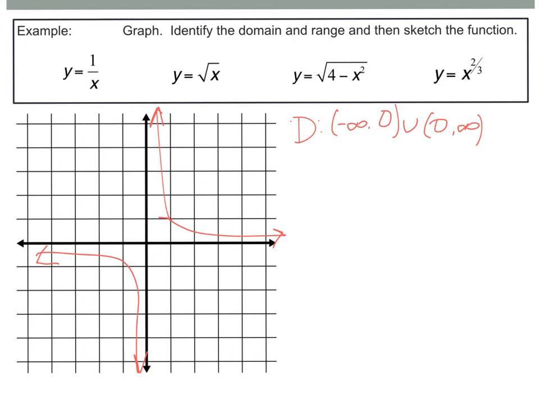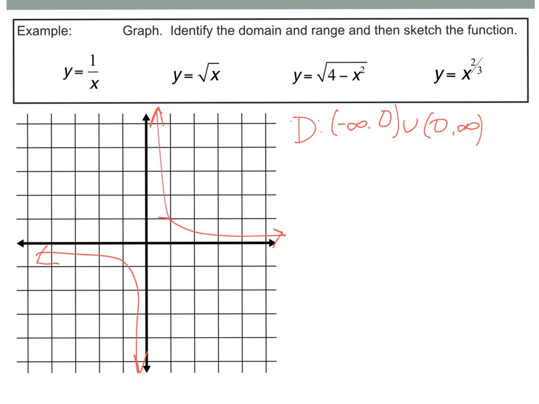So this is interval notation. You're literally saying it goes from this lowest value to this highest value. Usually it's just lowest to highest, but in this case we have a hole in the middle. That hole, the 0, means that we have to put that in there. We have to say it goes from negative infinity to 0, then it skips 0, and it goes from 0 to infinity.